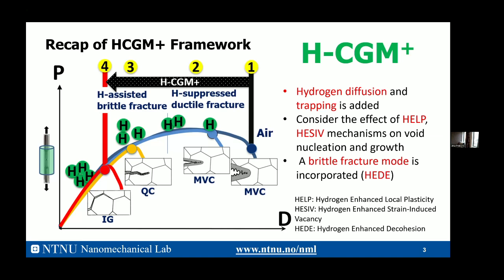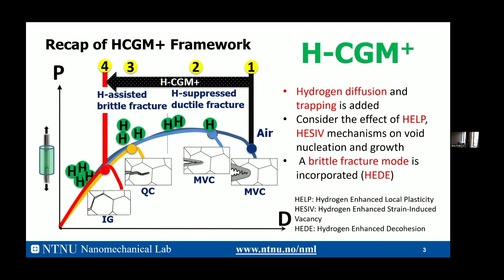Under this condition, it will combine the HELP mechanism, where hydrogen enhances the local plasticity, and the HESIV mechanism, where hydrogen enhances the strain-induced vacancy. Considering these two mechanisms, this model can predict the hydrogen suppressed ductile fracture, still with the equation of the hydrogen content.